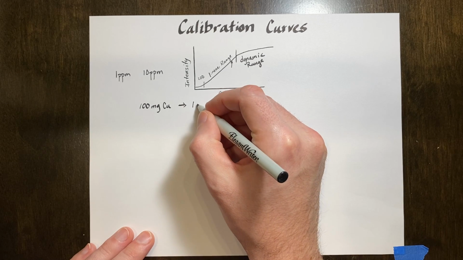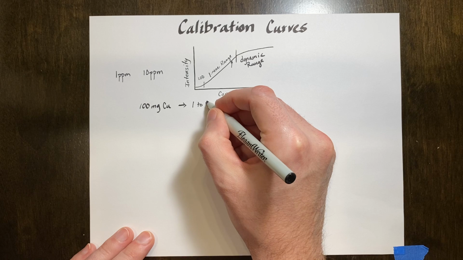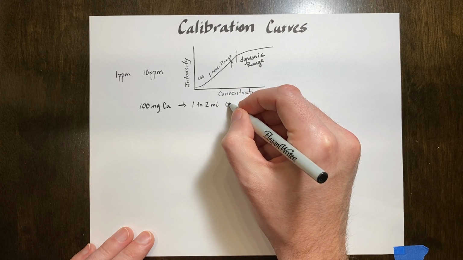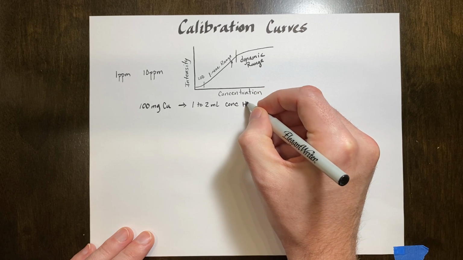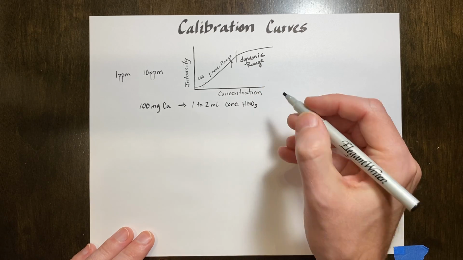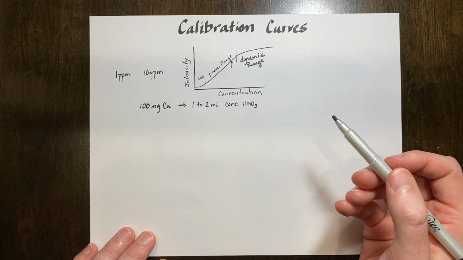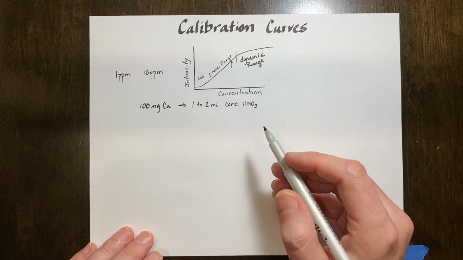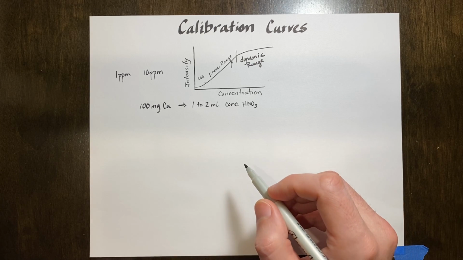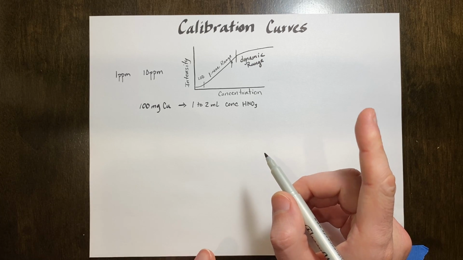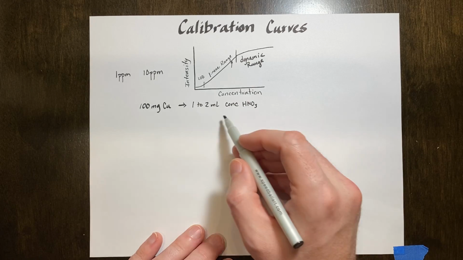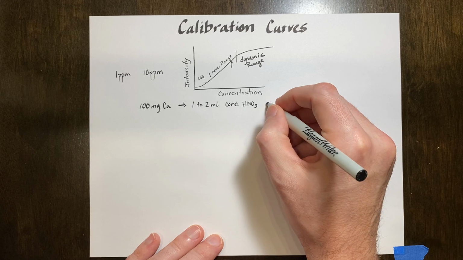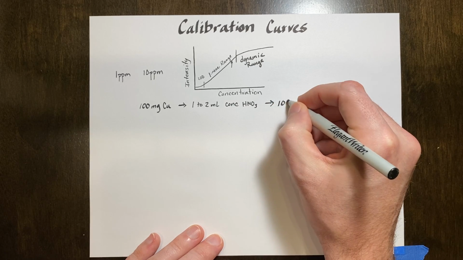I'll use 1 to 2 milliliters of concentrated nitric acid, and if it doesn't all dissolve, I'll add a little bit more concentrated nitric acid to get it dissolved. Then I will quantitatively transfer this little bit of copper solution into a 100 milliliter volumetric flask.